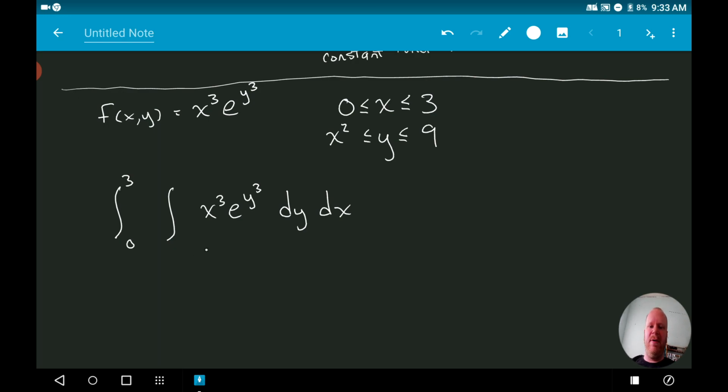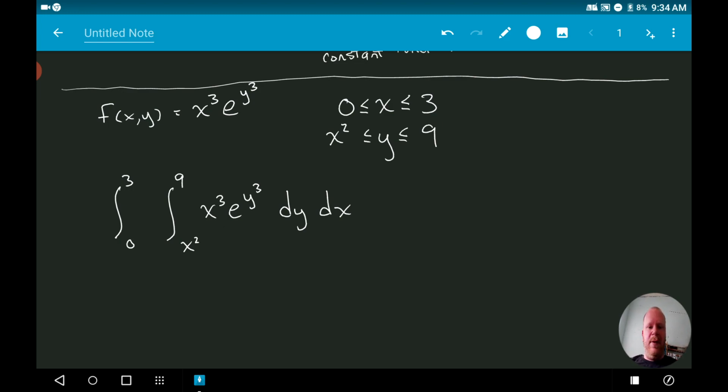So this will be from 0 to 3. This will be from x squared to 9. So we're definitely following the rule that we have our constants on the outside, and this seems good until we try to actually solve this double integral.